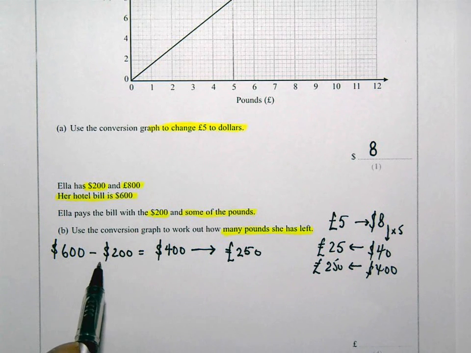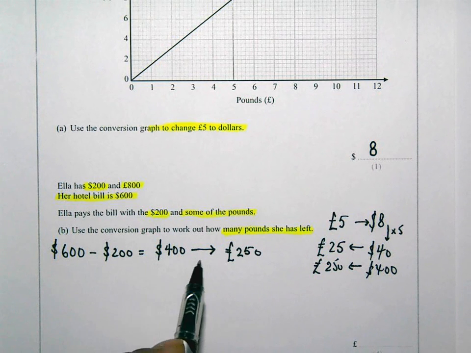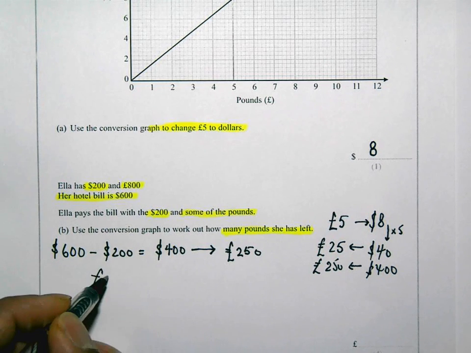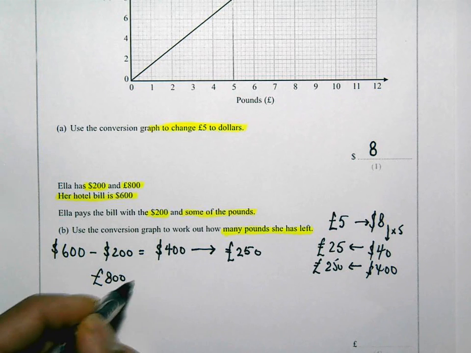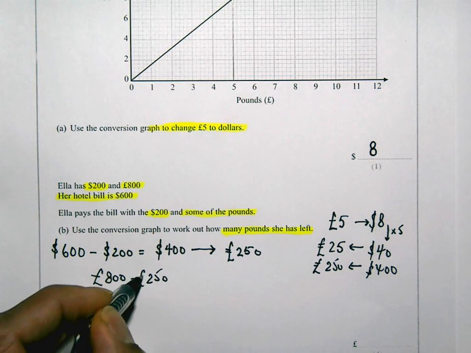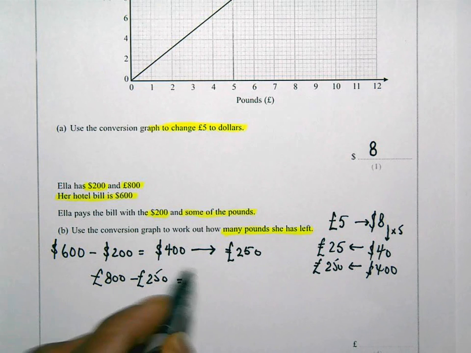She still owes $400. She's going to pay that off with £250. So I need to do £800, which is how many pounds she has, take away £250. So working that through, 800 take away 200 is 600. 600 take away 50 is £550.